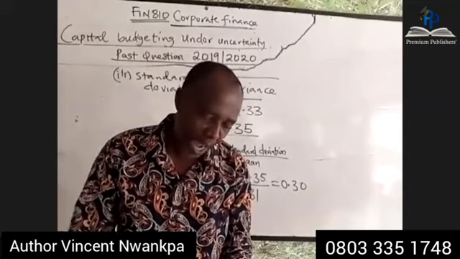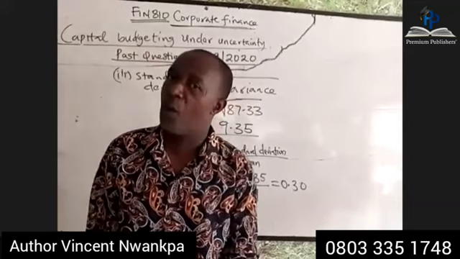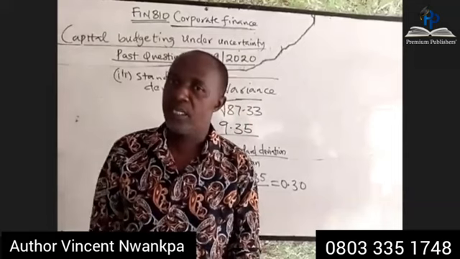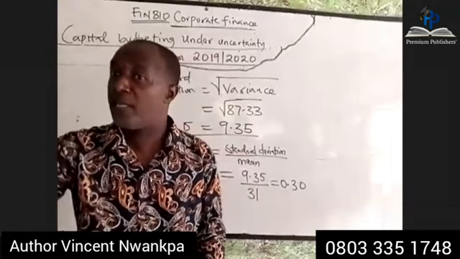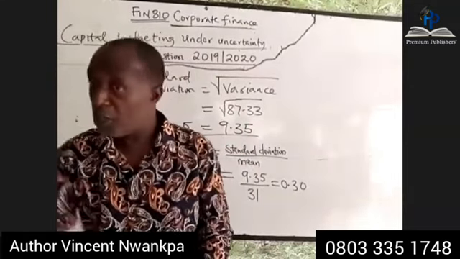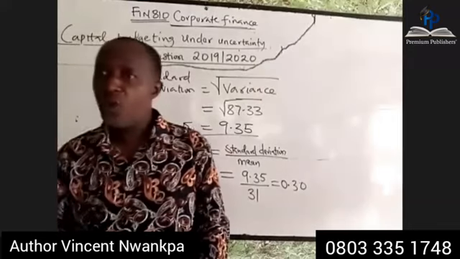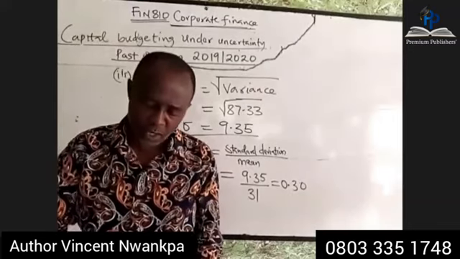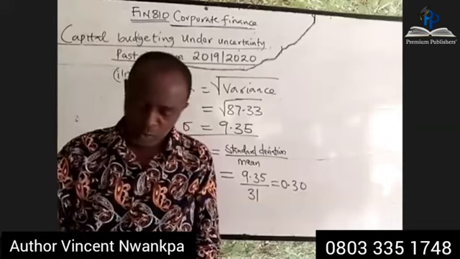There is cash flow for year 1, and there is probability. That probability is like our frequency divided by the total. So we'll just multiply and get our estimated value. We have year 2, we have year 3.